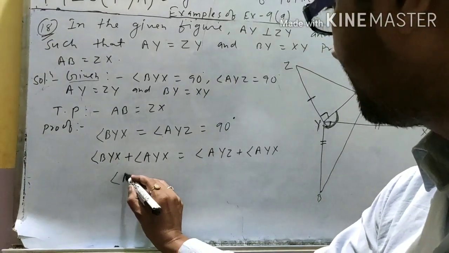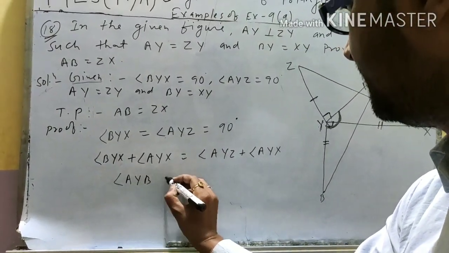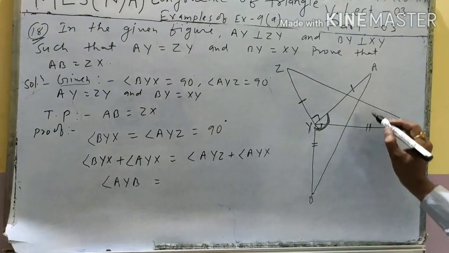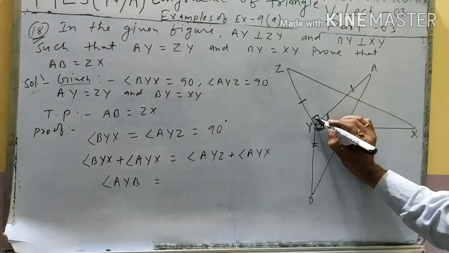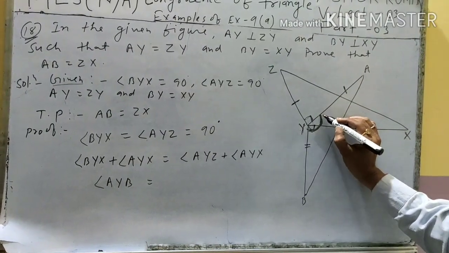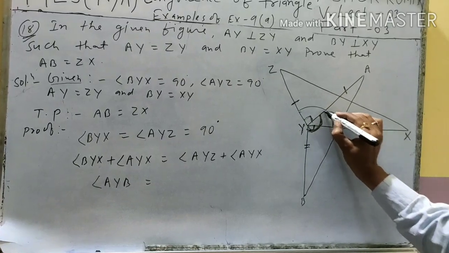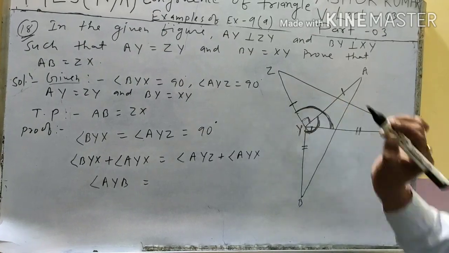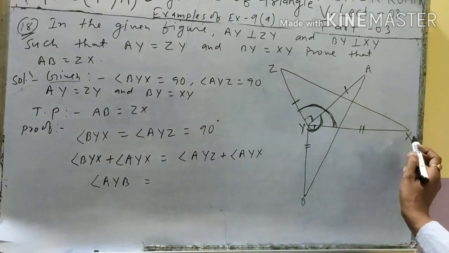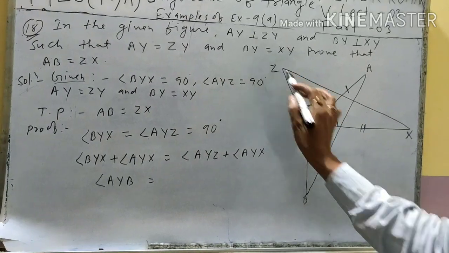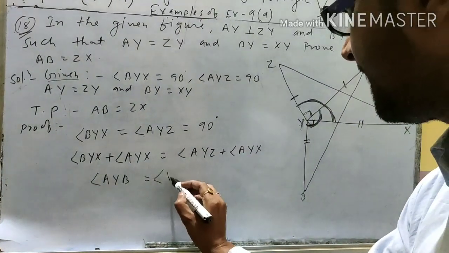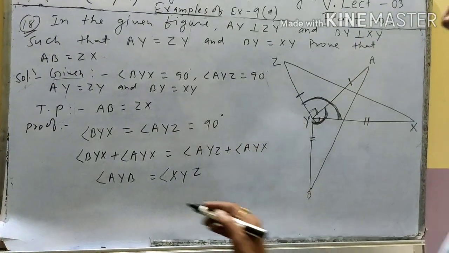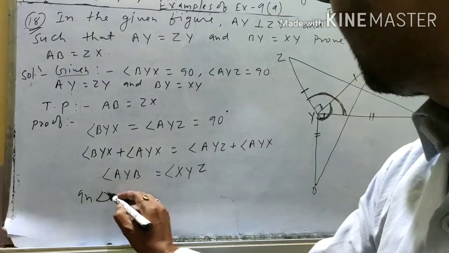So AYB is equal to AYZ plus this angle, which is completely this angle, as highlighted, student. So we can write XYZ. This is your equation.